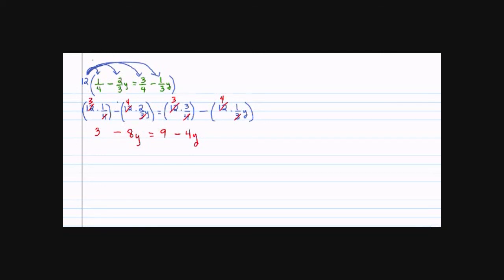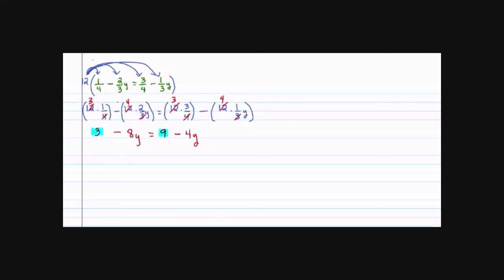Now I'm going to go ahead and move my variables. I have 3 and 9. I'll move my numbers to one side, move my variables to the other side. After watching this video, you know I like moving my numbers first, and I always move my smallest number.